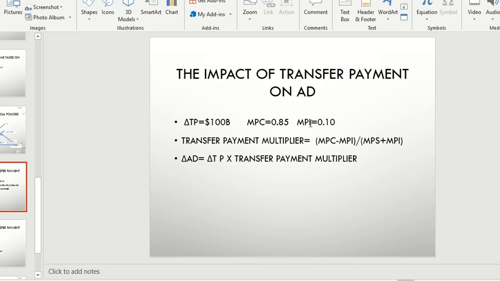We are given the marginal propensity to import. Okay. So we want to find the total effect on the aggregate demand. So very similar setup. The change in aggregate demand is equal to the change in transfer payment multiplied by the transfer payment multiplier. So once again, why don't you pause the video for a few minutes and then work on these examples.